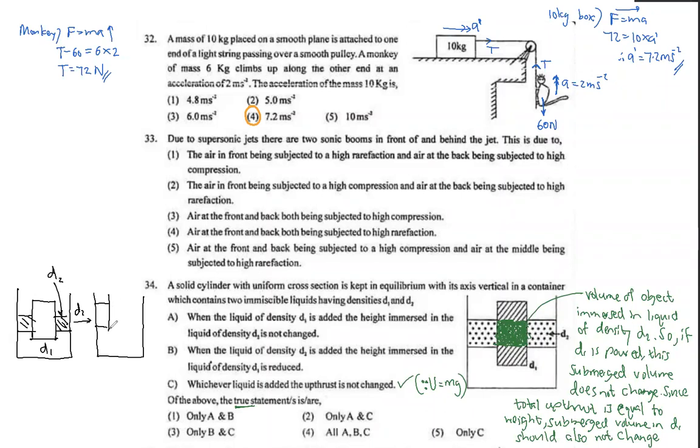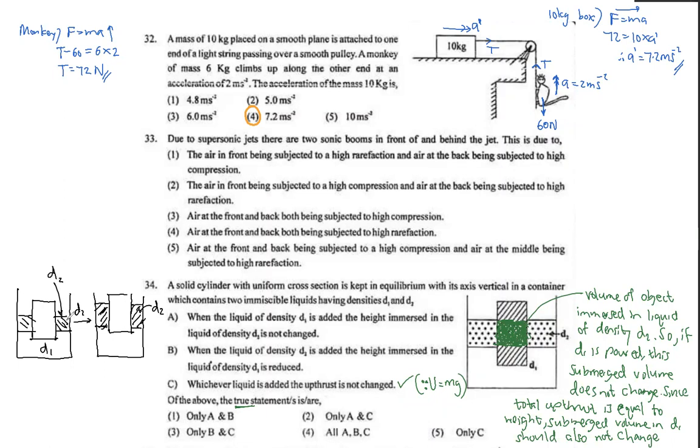Then the object will float more. Why is that? Listen now. When you increase the height of D2, upthrust due to D2 is going to increase. When you pour D2, it will float. It will just settle here.